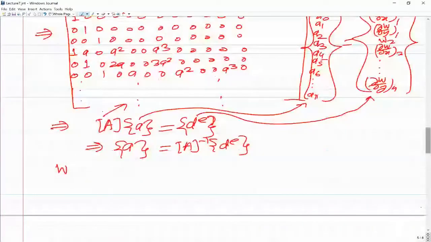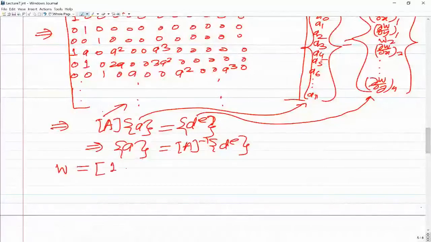So you will see W will be equal to, now we write in terms of the variables x, y: 1, x, y, x squared, xy, y squared, and then we will have x cubed and so on.